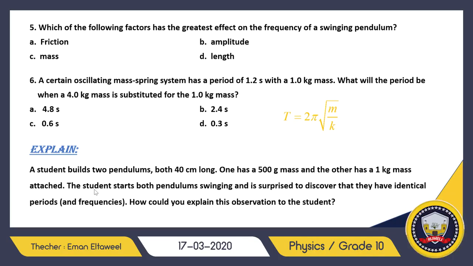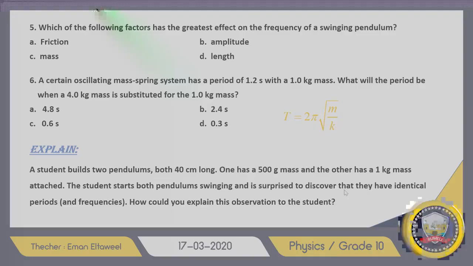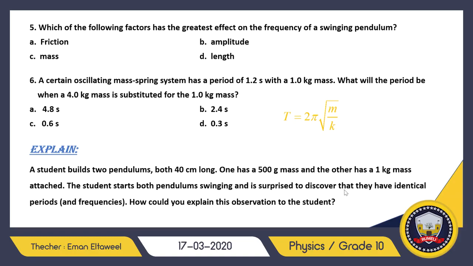The student starts both pendulums swinging, and is surprised to discover that they have identical periods and frequencies. How could you explain this observation to the student? They have different masses, as you see, one 500 gram and the other 1 kilogram. How do both of them have the same period and frequency?